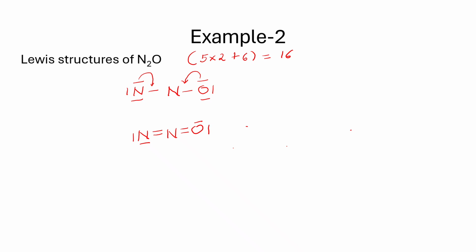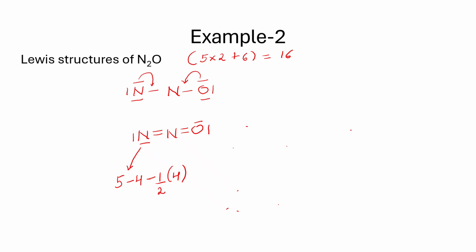But again, the question is, is this Lewis structure stable? Let's try to calculate the formal charge on all the atoms in this Lewis structure of N2O. So in the case of the first nitrogen atom, the formal charge is going to be 5, which is the valence electrons on nitrogen, minus the number of non-bonding electrons, which is 4, and minus half of the number of bonding electrons, which is 4 again.